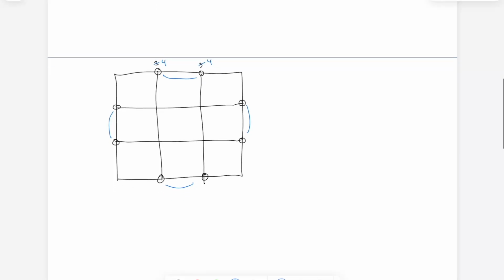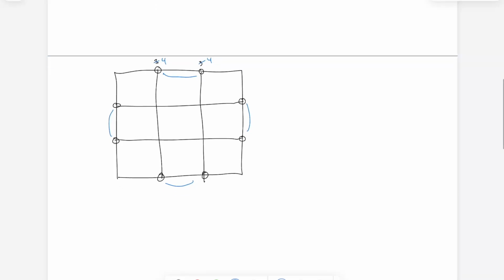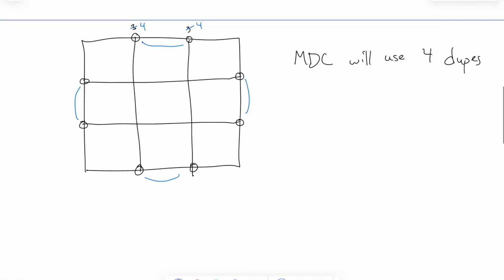All right, these are my 4 extra edges. So when drawing the minimum duplication circuit, we'll use this time 4 dupes. 4 duplications are necessary in this example. Once you do those 4, they all turn into evens. All right.